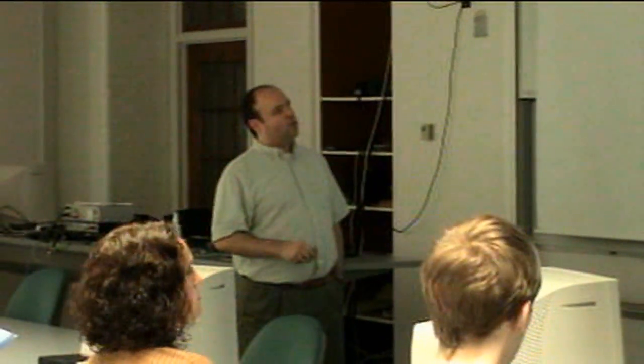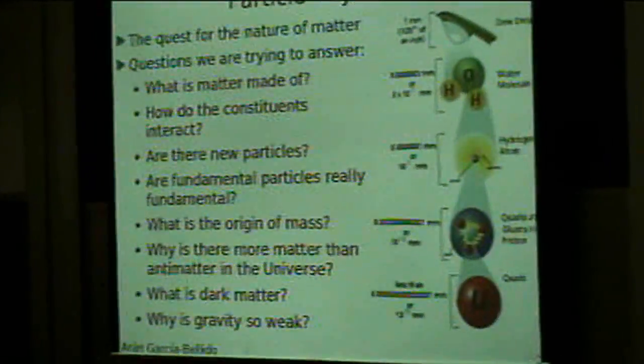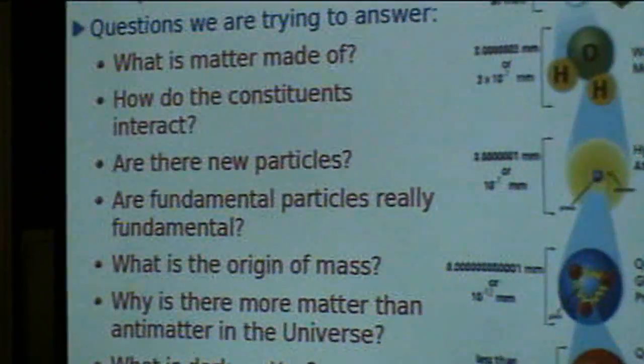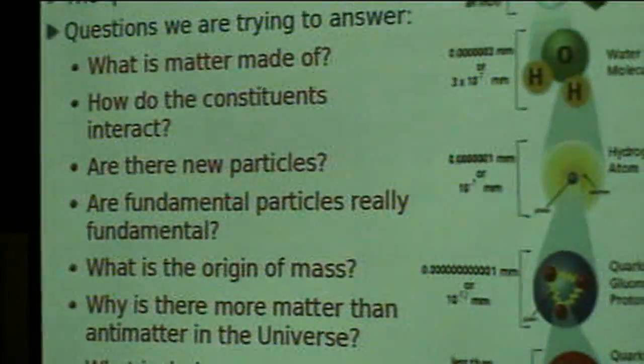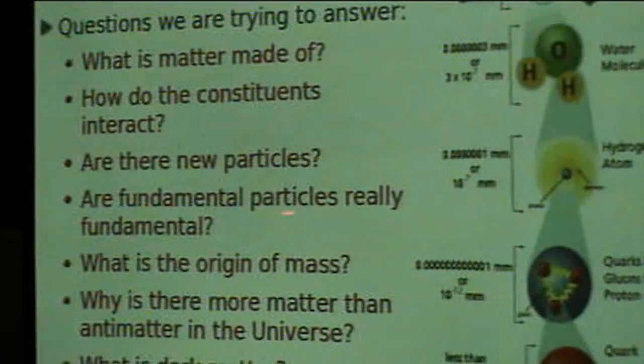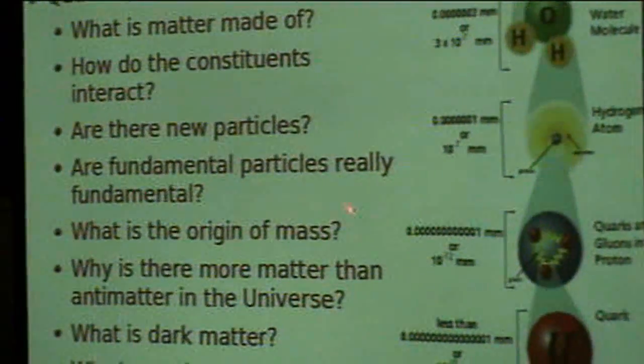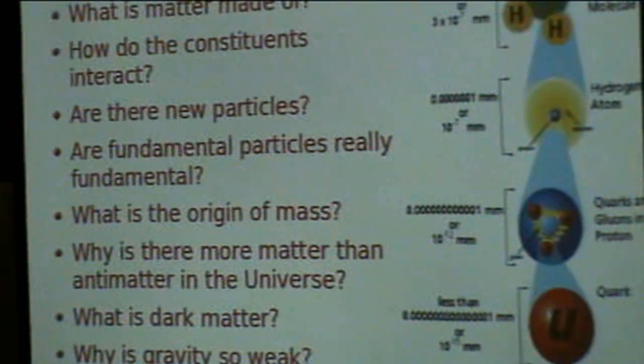The other question is, of course, how do these constituents interact among themselves? Are there any new particles that we still haven't discovered, even at this same level? As I said, can we actually break down these smaller particles into more fundamental particles? One of the biggest questions that you'll hear about also in the press lately is what is the origin of mass?